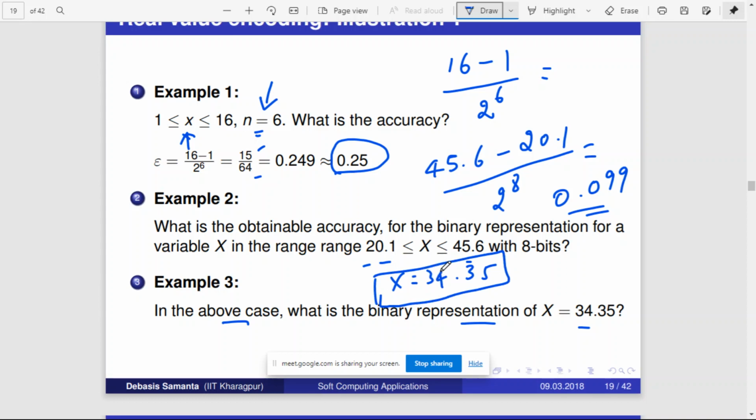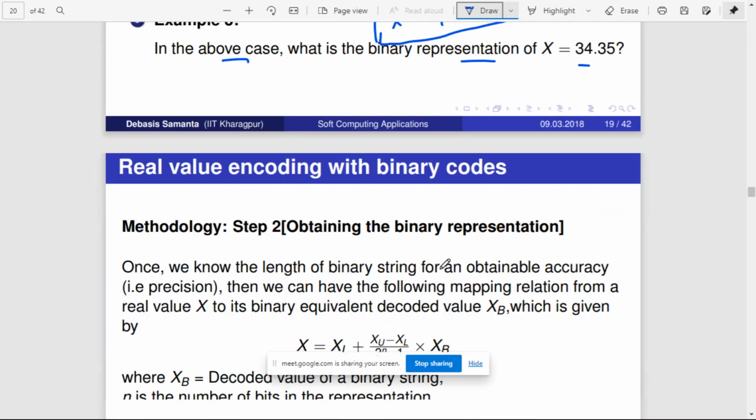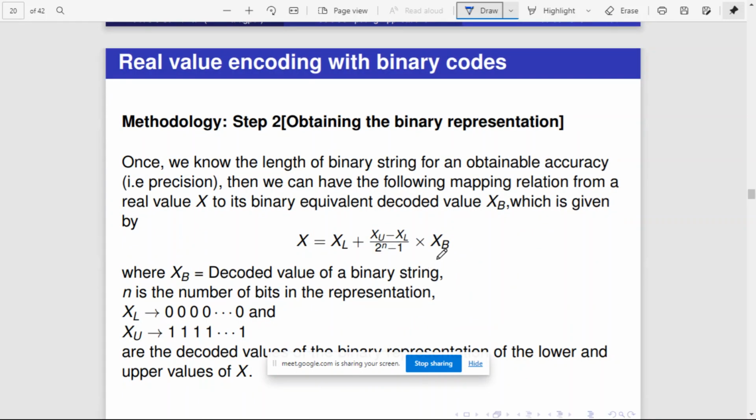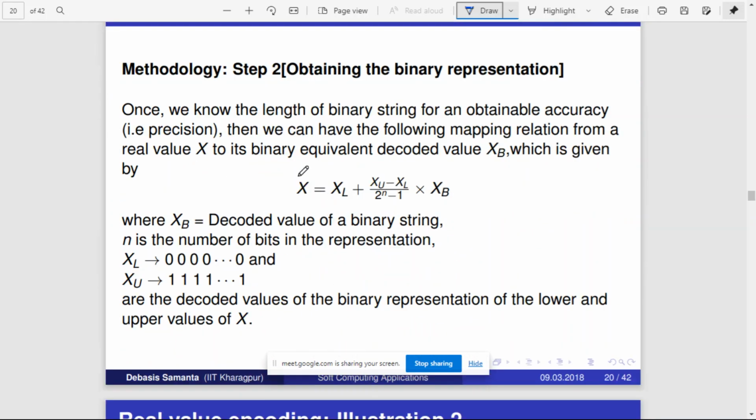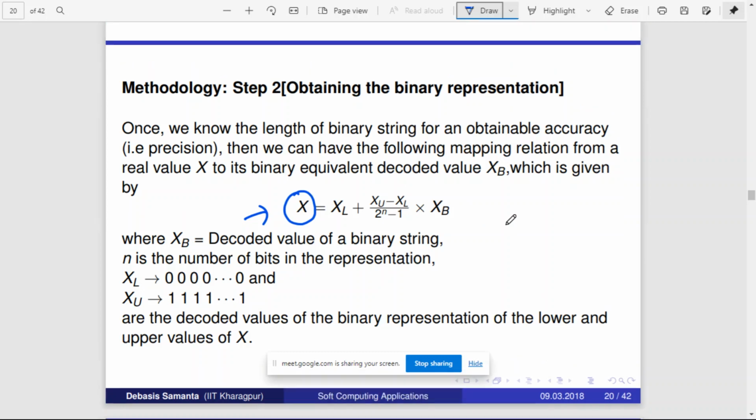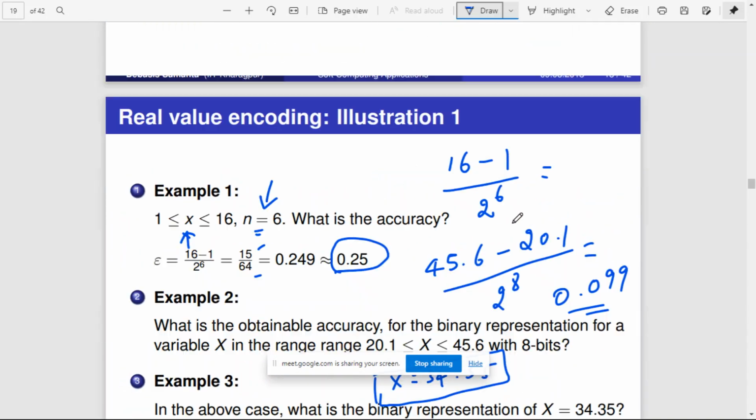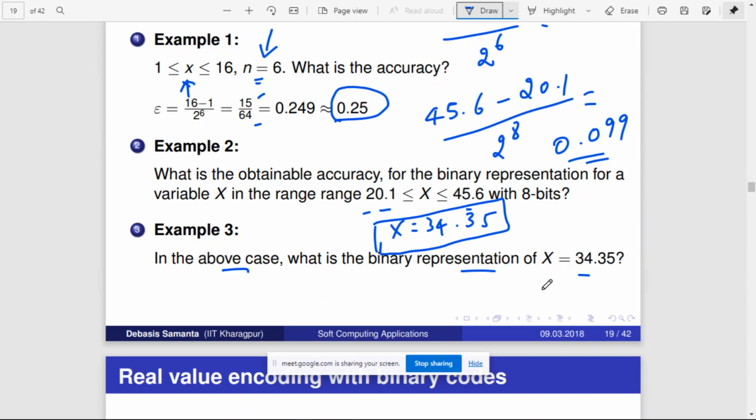There is a different formula for that, and that is given like this. If you are asked to find x, that is, x is the binary equivalent of some value, so you have to find the binary value for x.